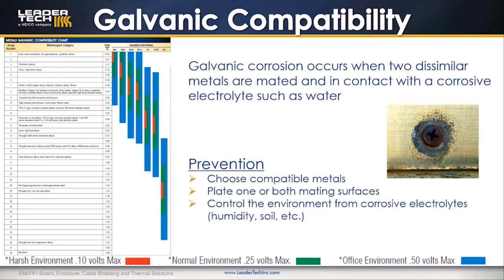This would be something like a warehouse that is not temperature or humidity controlled. And for controlled environments, we recommend a difference of 0.5 volts max. The best prevention for galvanic corrosion protection between the enclosure shielding gasket and mating surface is to choose compatible metals, plating on one or both of the mating surfaces, and controlling the environment from things like humidity or soil.